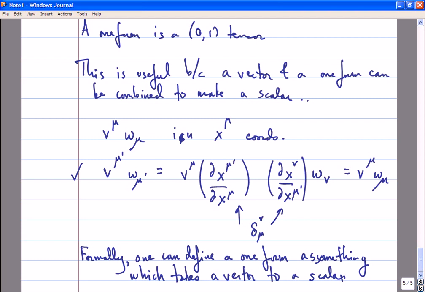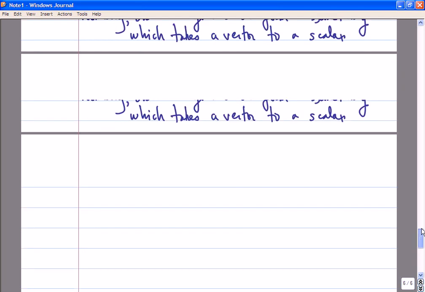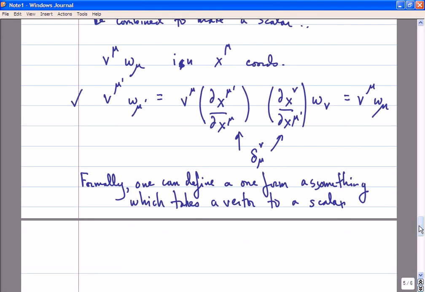There is a bit of language associated with this idea, however, that one-forms combine with vectors to make scalars. So one-forms are also sometimes referred to as dual vectors.